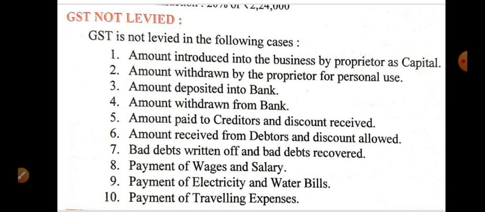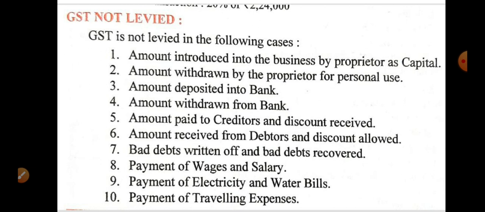When you deposit money in or withdraw from the bank, GST is not levied. Amount paid to creditors and discount received: on these, GST cannot be charged. Amount received from debtors and discount allowed: here also GST is not charged or levied.